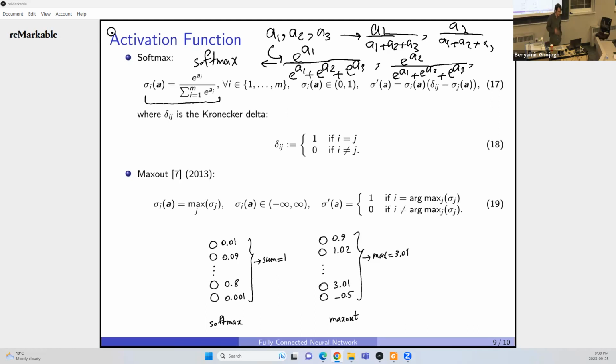For example, assume I feed the input X to my network. It outputs, after softmax form, 0.1, 0.8, 0.001, 0.09.